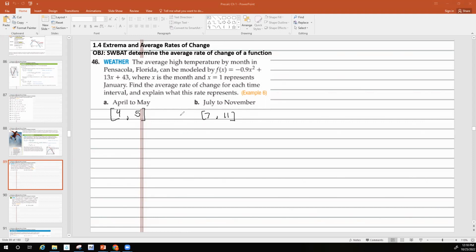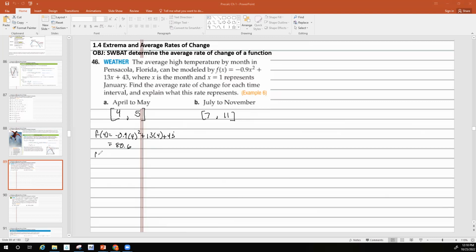All right. So for A, you want to find f of 4. F of 4 is going to be negative 0.9 times 4 squared plus 13 times 4 plus 43. Plug it into Desmos, and you get 80.6.